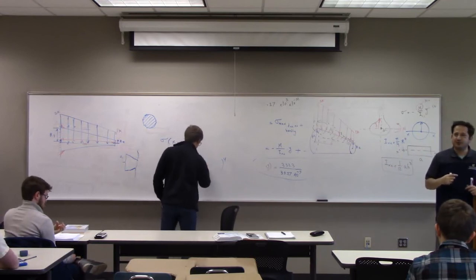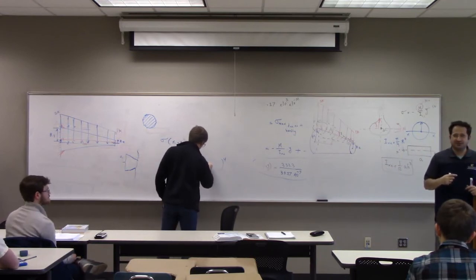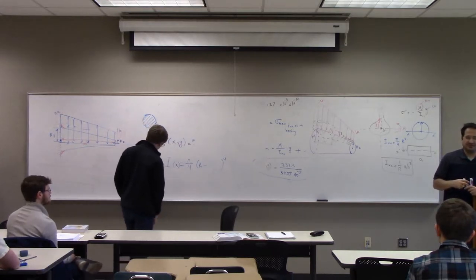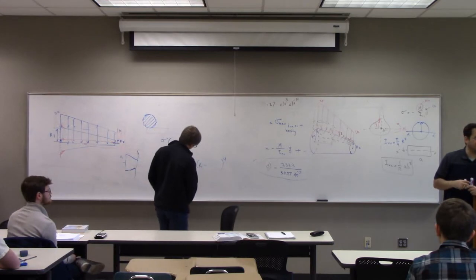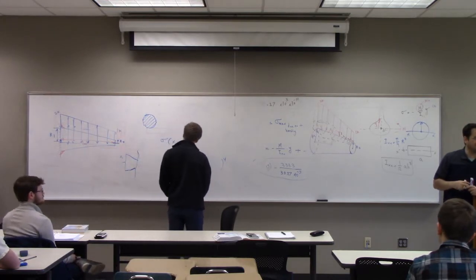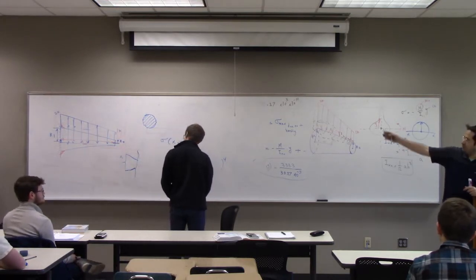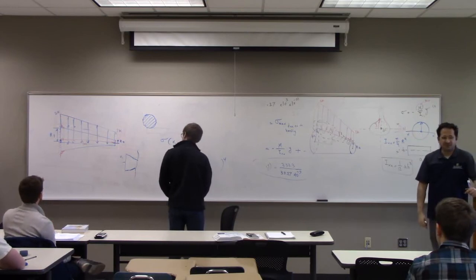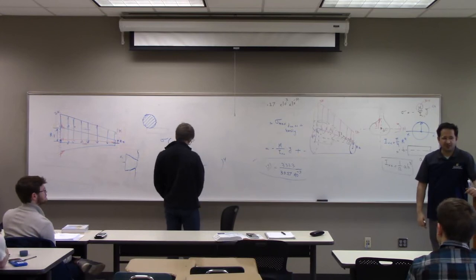Then what do you expect to get for maximum stress? What point is the maximum stress? Just based on intuition, what point is the maximum stress there? To the wall. Yeah.